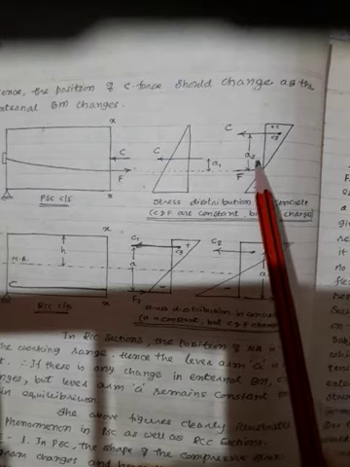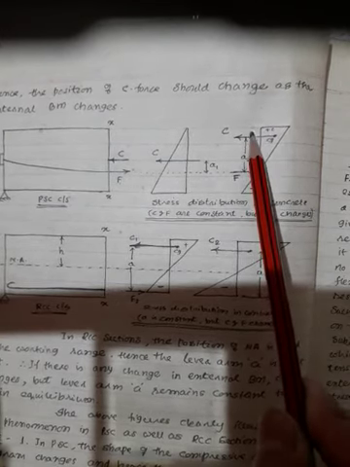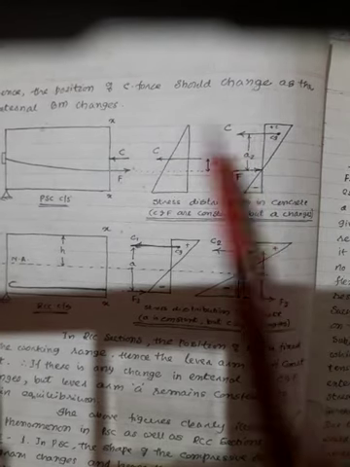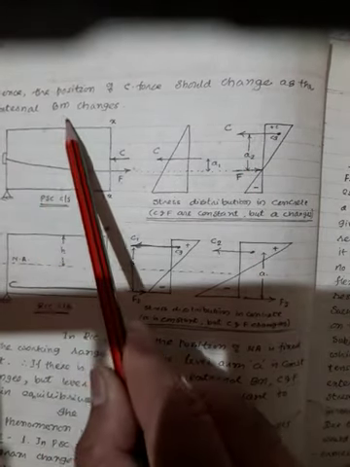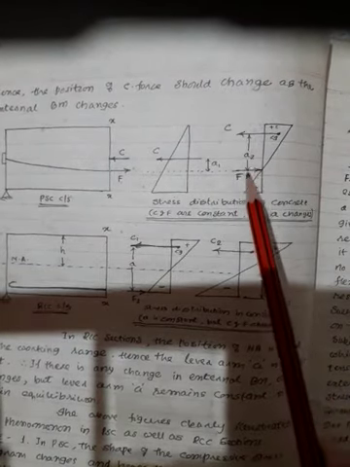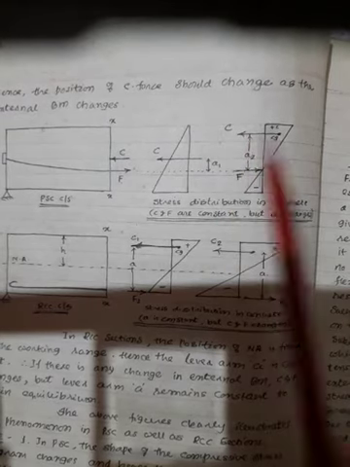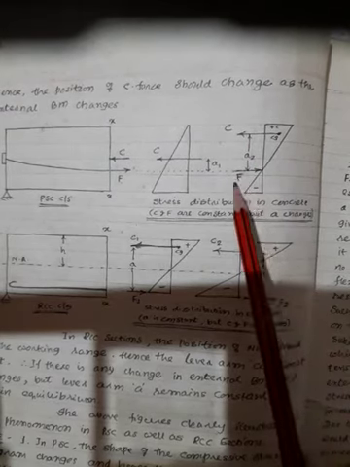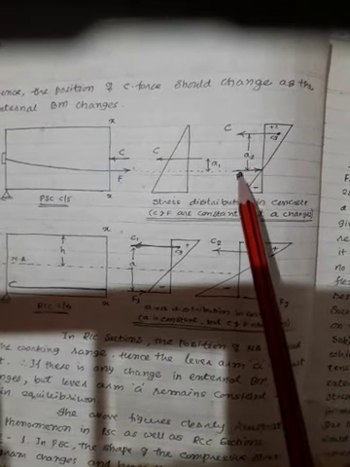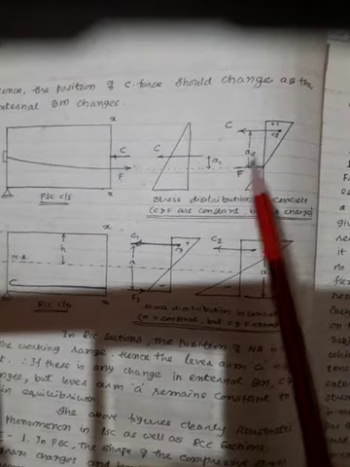Now your C force will start shifting up, developing a new lever arm A2. Since the load is now increased on the beam, the lever arm will change to A2. So the new moment of resistance is F into A2 or C into A2, because the F force and C force are going to remain constant.